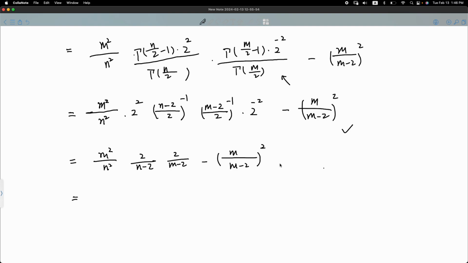Okay, so I think I will leave it in this form for the final answer. But if you want, you can do n square n minus 2, m minus 2, and then m minus 2 square, and then aggregate all the numerators if you want. But I think I'm just going to leave it in this form here. But I think the algebras should check out.